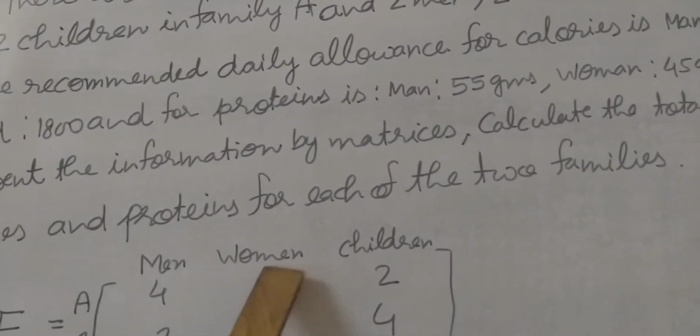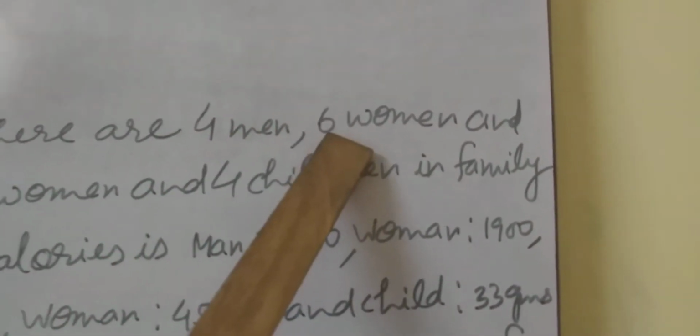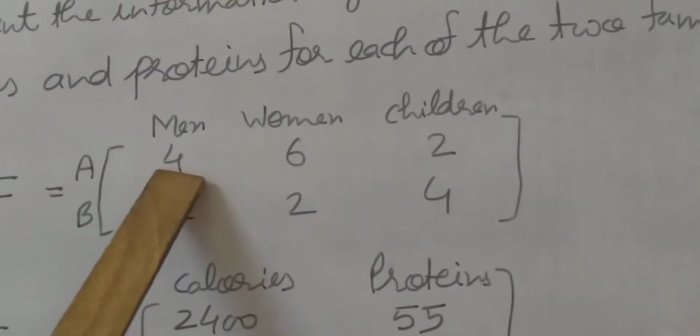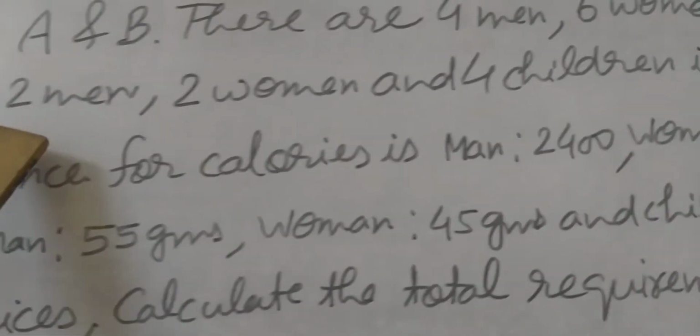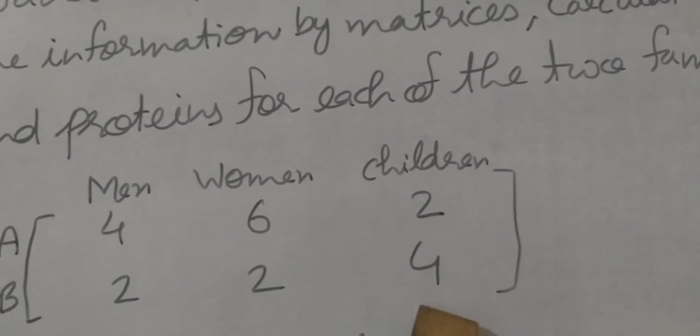I have written here man, woman, children. Let us write the number. You can see in family A 4 men, 6 women and 2 children. So I have mentioned here 4 men, 6 women, 2 children. Family B contains 2 men, 2 women and 4 children. So 2 men, 2 women and 4 children, student.